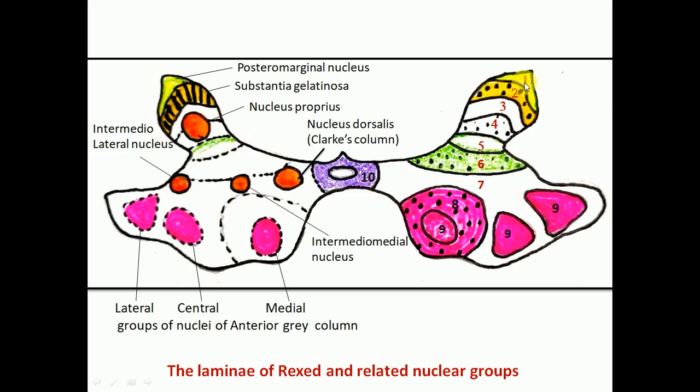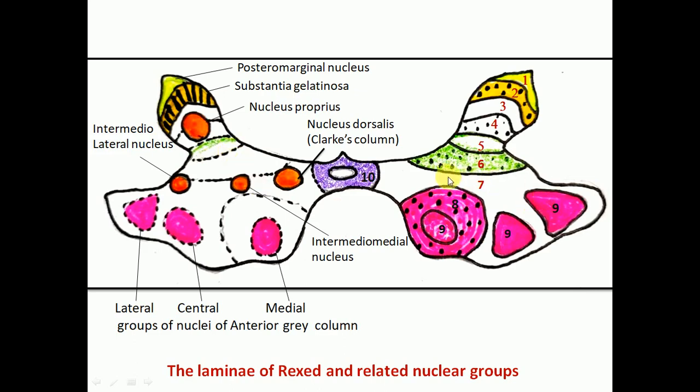So, first of all, Roman numeral 1 is related with the posteromarginal nucleus. Number 2 is related with the substantia gelatinosa. Numbers 3 and 4 are related with the nucleus proprius. Numbers 5 and 6 are related with the base of the dorsal gray column.